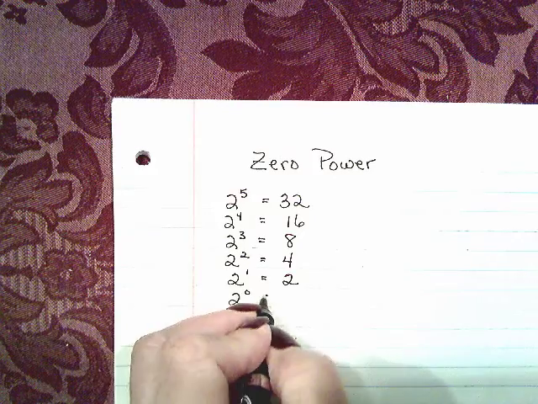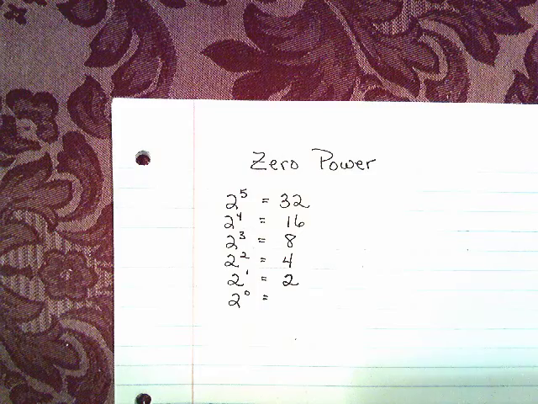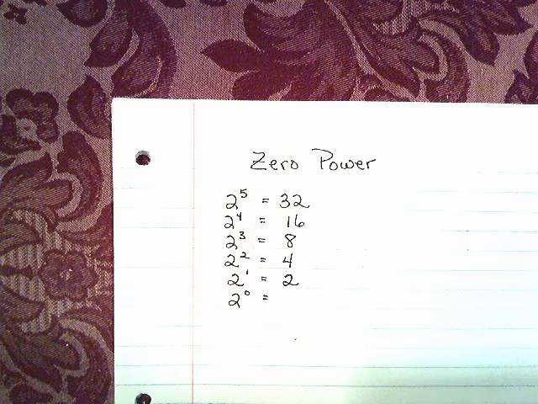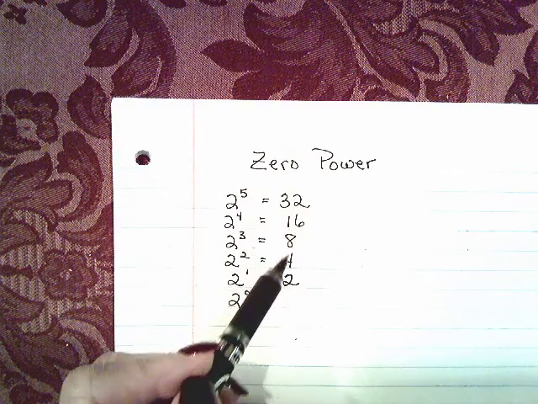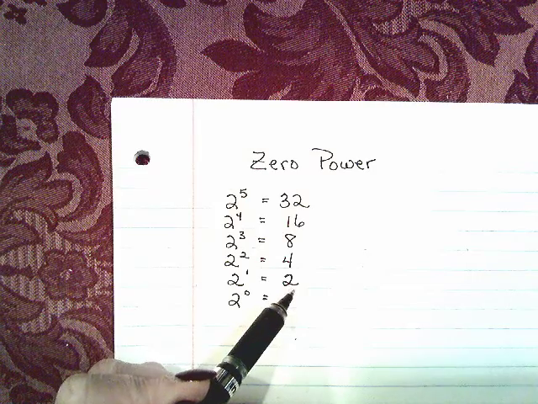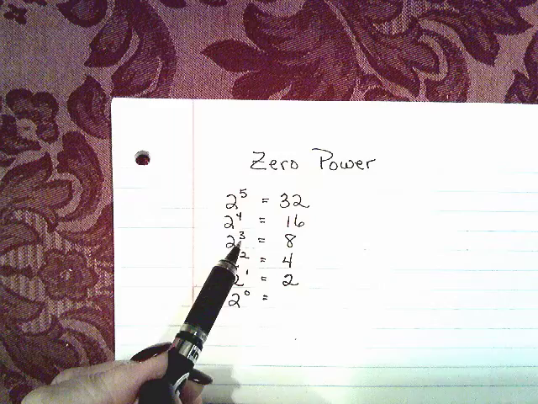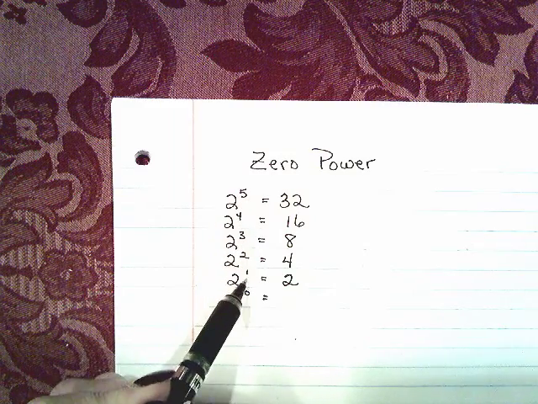Now at this point, like I said, everybody thinks 2 to the 0 power equals 0. And that is not correct. I want you to look for a pattern for me. 32, 16, 8, 4, and 2. As I'm coming down, I'm losing a 2, right? 5 2s, 4 2s, 3 2s, 2 2s, 1 2.